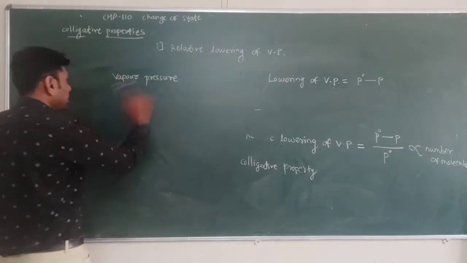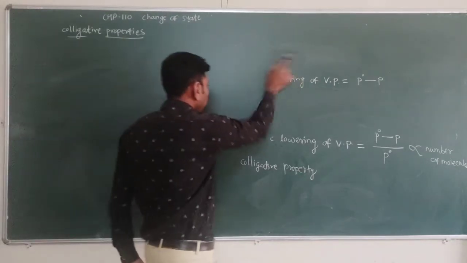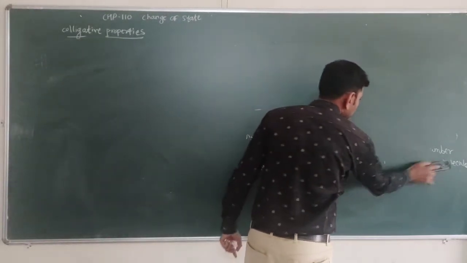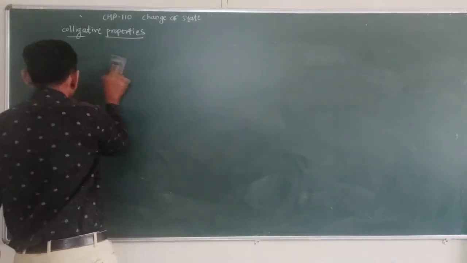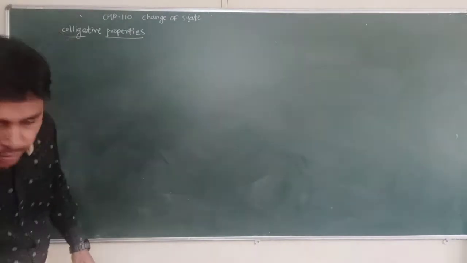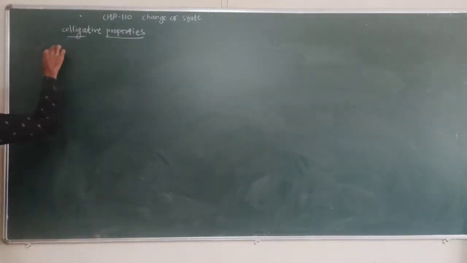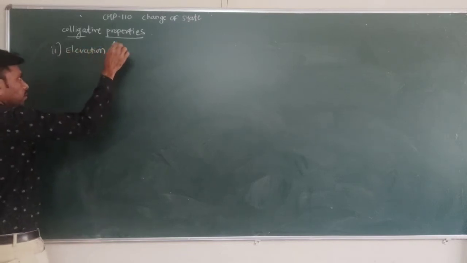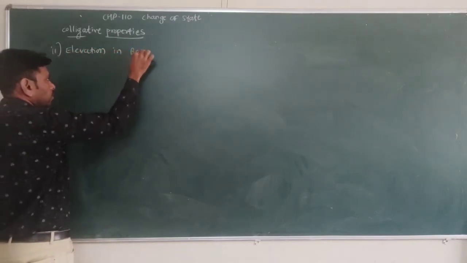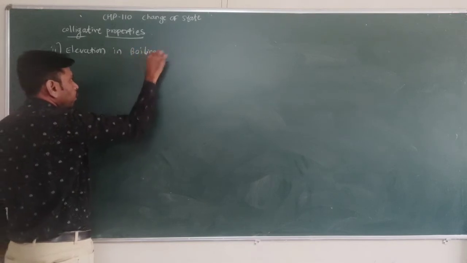Let's see the second colligative property, which is the elevation in boiling point. First, what does boiling point mean?